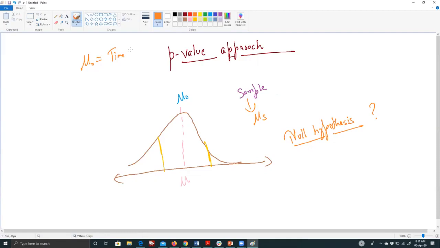Here I am taking time taken, but you can also understand it as some kind of default mean value of the system. Now the idea is, and then of course we have to ask immediately, what is the alternative hypothesis?